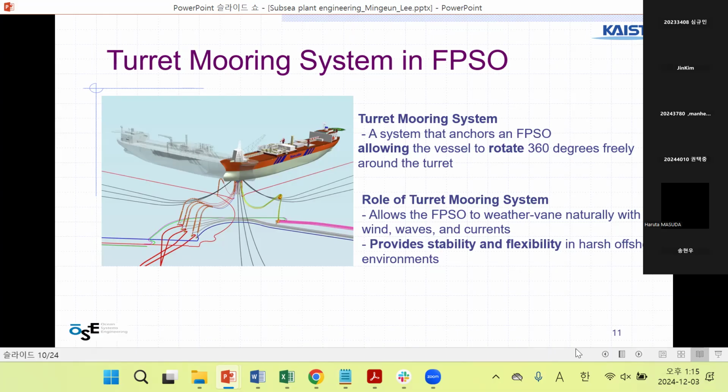The manufacturer of the turret system is very, how can I say, specialized, and sometimes the shipbuilders around the world are waiting for their delivery.